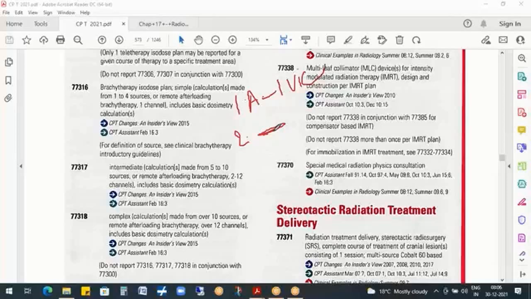Again, if CT, MRI and MRA is performed, the codes are based on with contrast, without contrast, and without followed by with contrast.